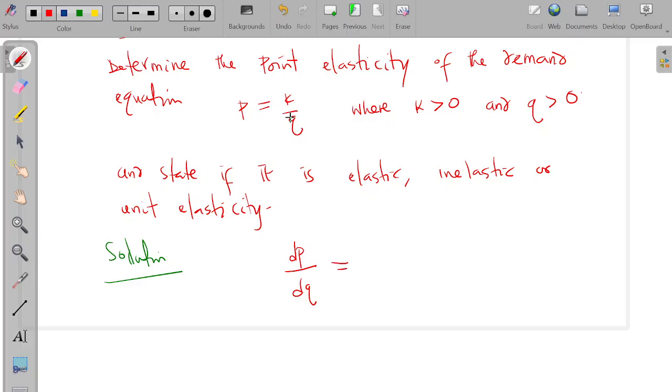So if I differentiate this now, of course, P equals K over Q is the same thing as K Q to the negative 1. Okay, I can write it like this. So the derivative of that will be negative K Q to the negative 2. Okay, that is the derivative.